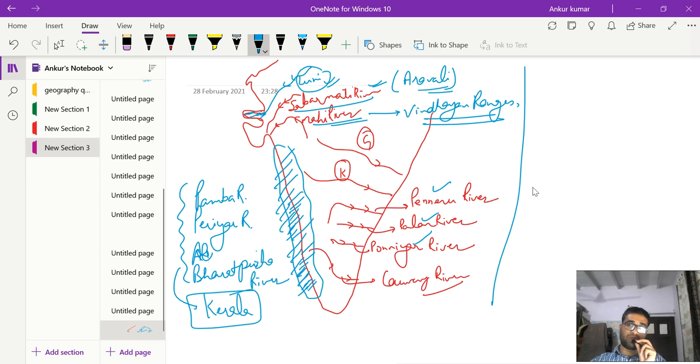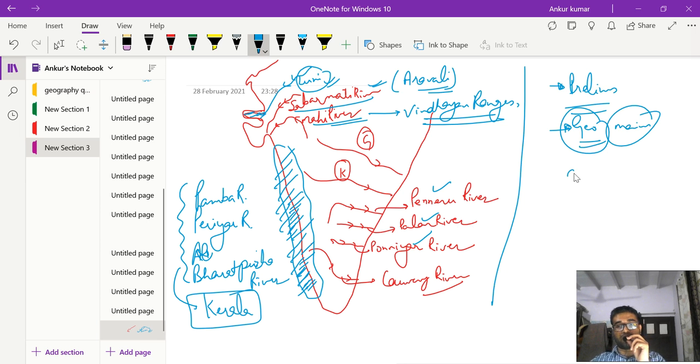So the concept that we did in this class can mainly be utilized in prelims-based, fact-based questions. Second, in geography, map-based questions can be framed from here also, right?